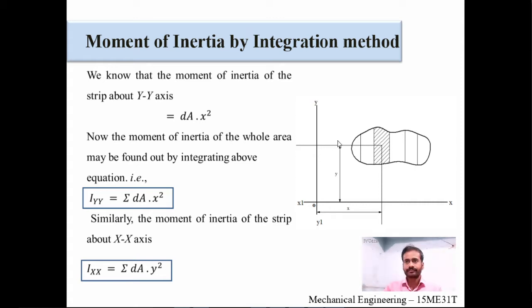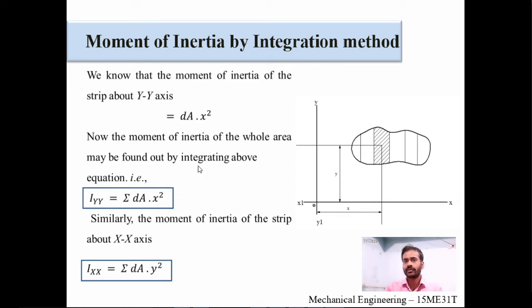Okay. So now the moment of inertia of the whole area. We have calculated the moment of inertia only for this small strip, that is dA into x square. Then what will be the moment of inertia for the whole body or the whole area? It is the summation. So that is Iyy, the moment of inertia about y axis, is equal to sigma dA into x square.